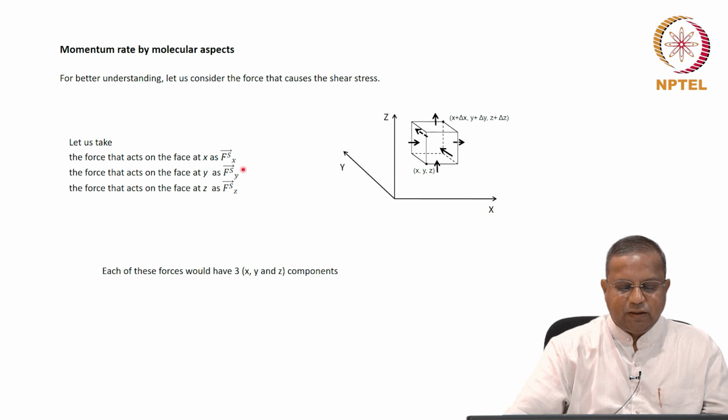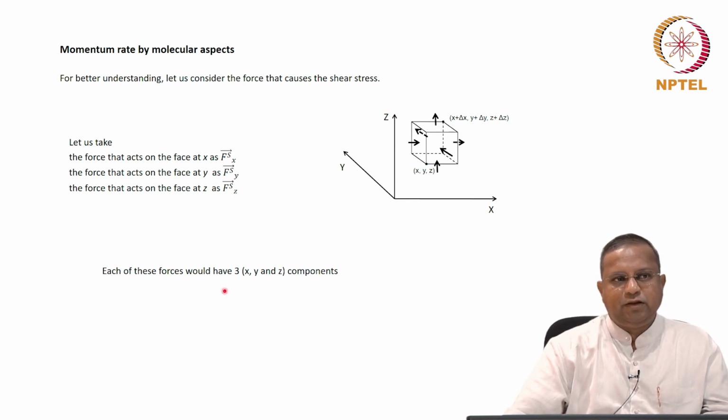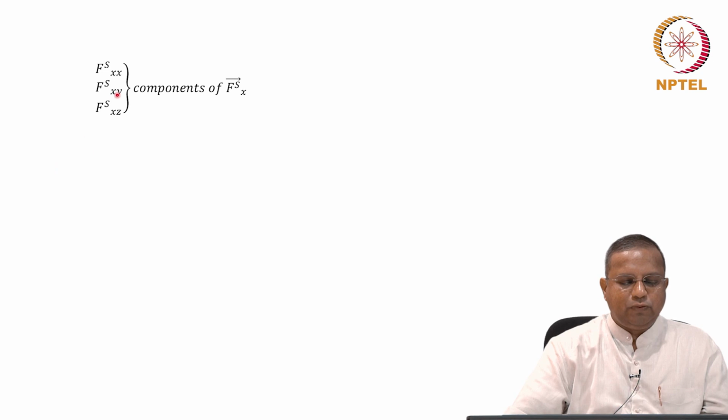Each of these forces would have three components, x, y, and z components on their own. And therefore, we'll end up with Fsxx as the x component of the surface force at x. Fsxy is the y component of the surface force on the face at x.